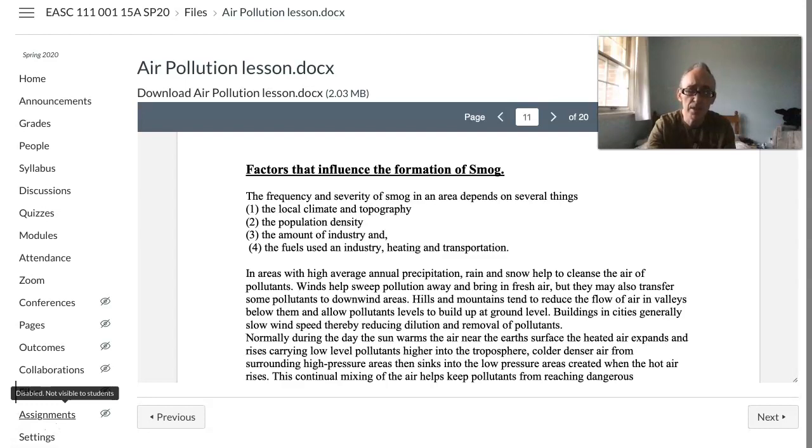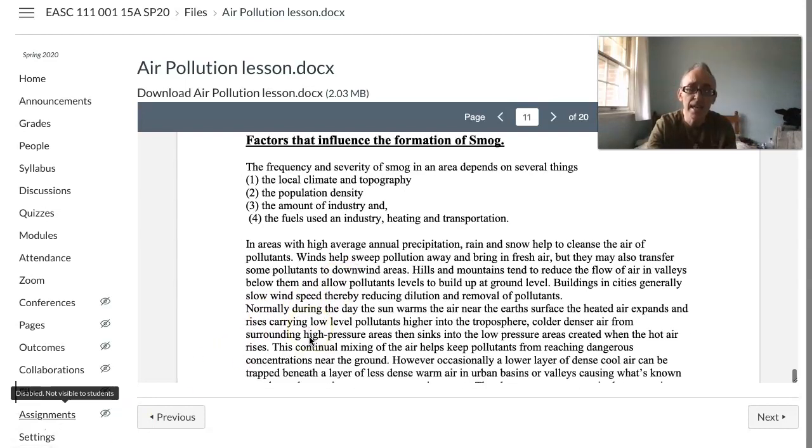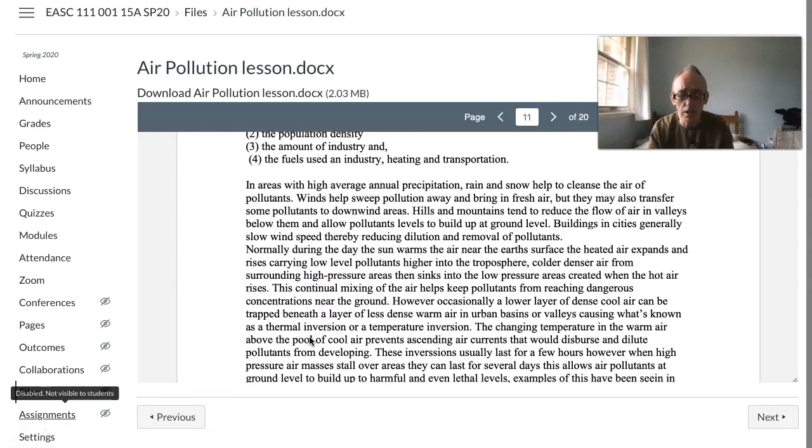And if we go down a little bit further, in areas with high annual precipitation, a large amount of rain and snow, it helps clean the air. It brings a lot of pollutants down to ground level, like you may have felt after it's rained. The air feels a lot cleaner because a lot of the dust has been brought down to ground level. Winds also help sweep pollution away and bring in fresh air, but they may also transfer some of the pollutants downwind, away from the city, so it may pollute a much wider area.